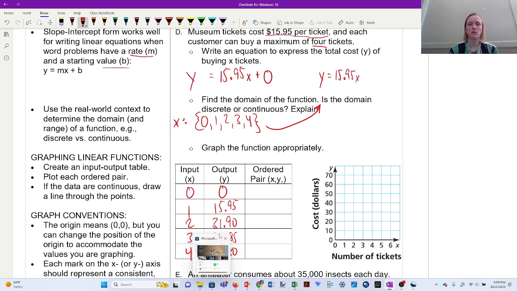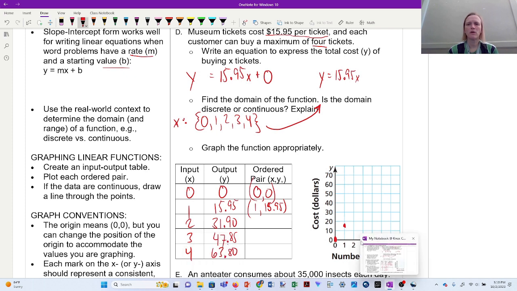So I'm going to have 0, 0 as one of my ordered pairs, which I'll plot right here. I'm going to have 1, 15.95 as another ordered pair, which will be about here.